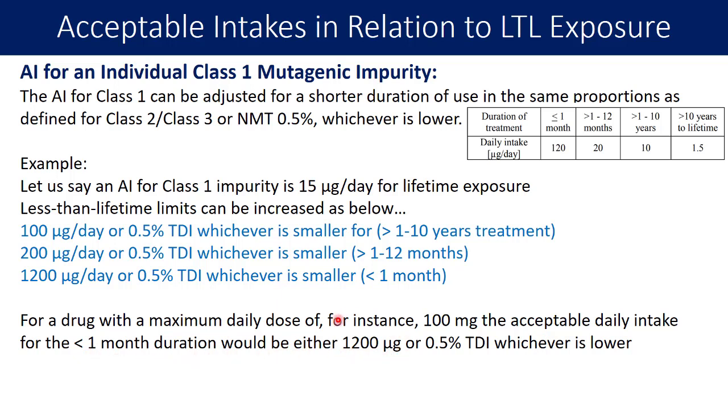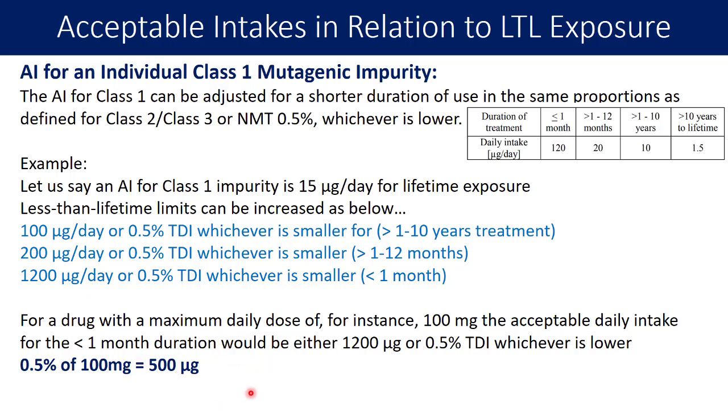Either 1200 microgram as given over here or 0.5% total daily intake, whichever is the smaller or the lower. So I need to understand whether 0.5% is smaller or 1200 microgram is smaller. I've just calculated 0.5% of 100 mg, and it is found to be 500 microgram.